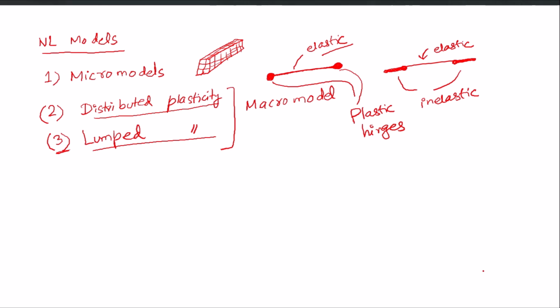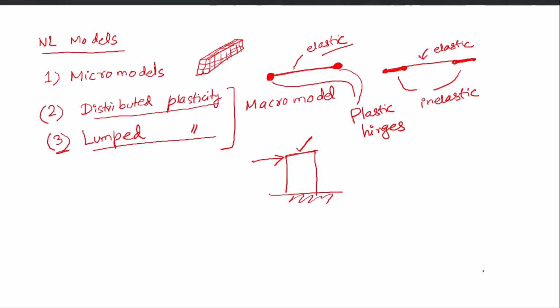For the distributed option, we can define the inelastic action along a length of an element, and also along full length or part of the length. In case we apply it for part of a length, obviously we will have an elastic component in between. So for example, if you have a particular frame like this, which is subjected to lateral loads, for this particular beam on top, the maximum bending moments and inelastic action you can expect only at the ends.